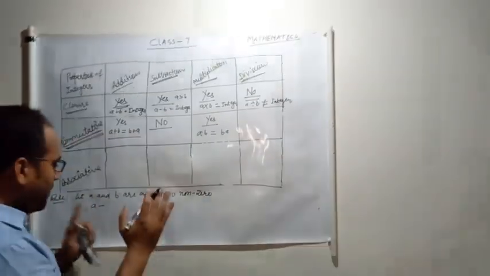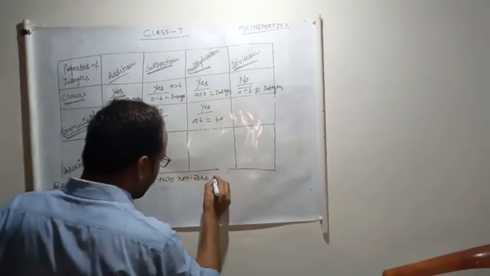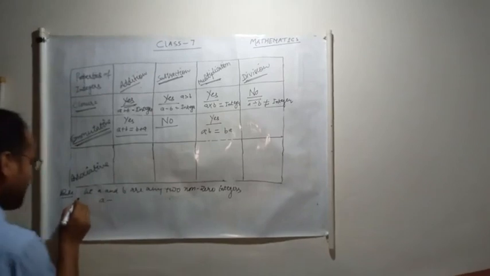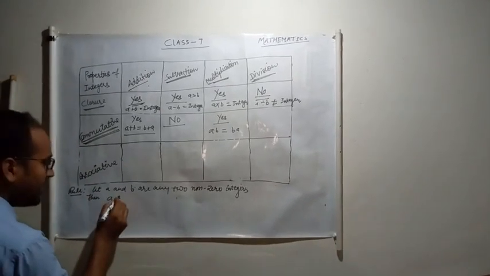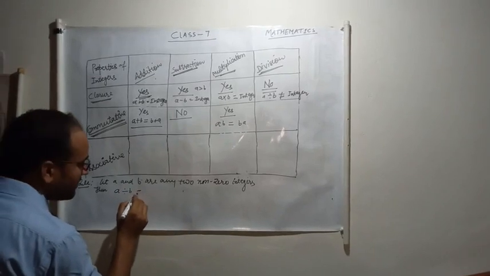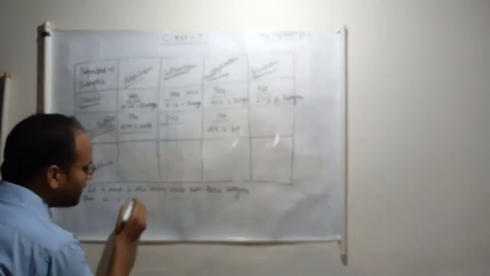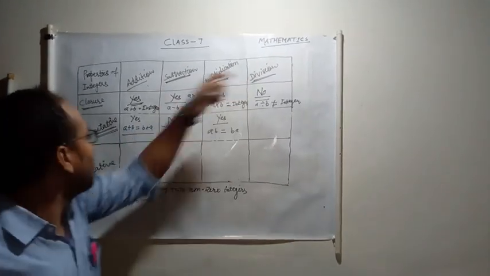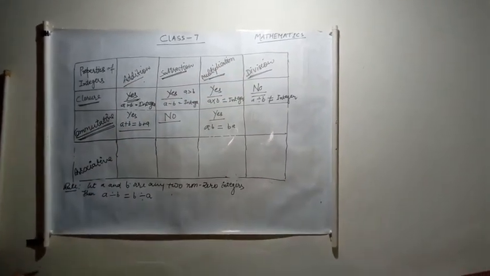Then if a divided by b is equal to b divided by a, then we can say that division will hold for the commutative property.